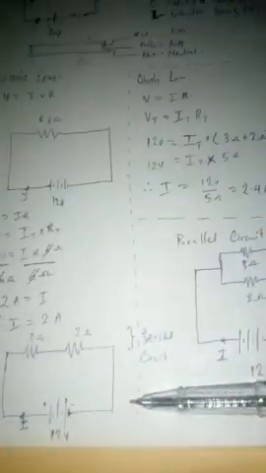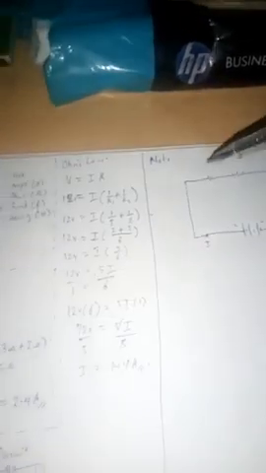So now this is the situation for a series circuit, while the other is for the parallel circuit. All you need to know is that in a series circuit, please take note, this is the total current.